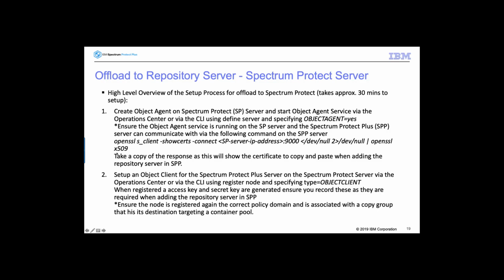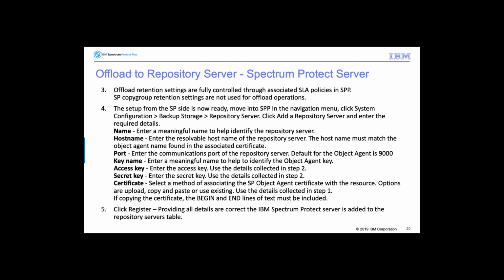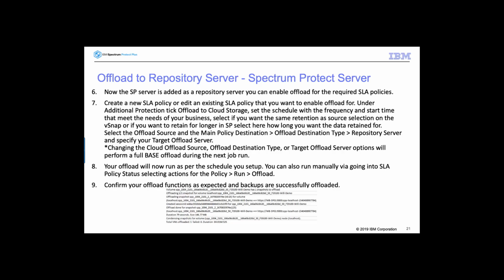So basically you just create the object agent, you create the client for the object agent, and then finally you go in and set up the Spectrum Protect Plus side with the name, host name, port, key name, access key, secret key, and certificate. So basically you're just pointing to the Spectrum Protect server.